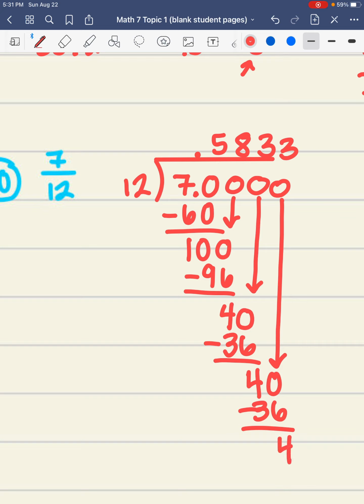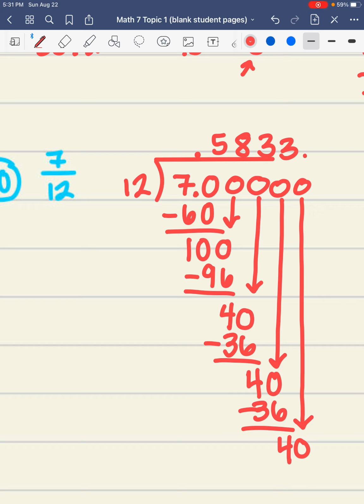Okay, are you seeing what's going to happen if I add another 0 and bring that down? I'm going to have 40 again. Am I ever going to have any digit for the rest of this fraction that's anything but 3? No. That 3 will continue to repeat over and over and over again.